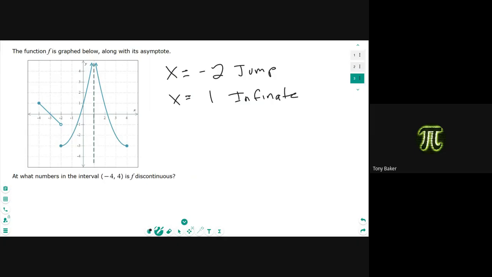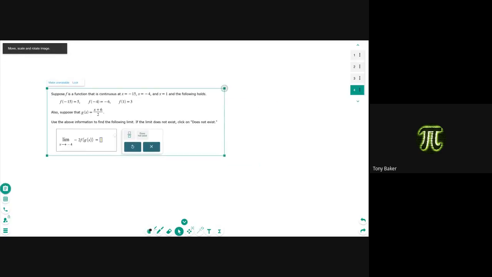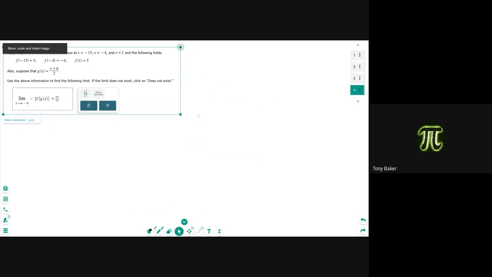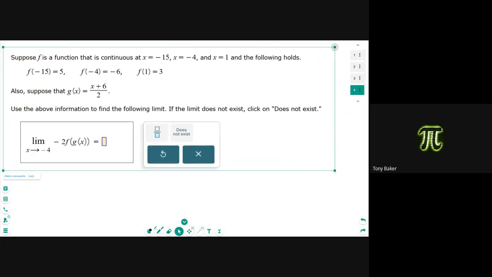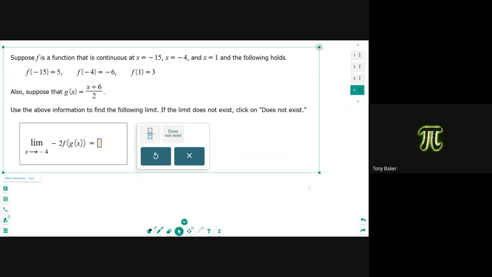So one of the things that you probably did in pre-calculus, and you didn't know why, and it probably was a bit of a pain in the butt, was composite functions.